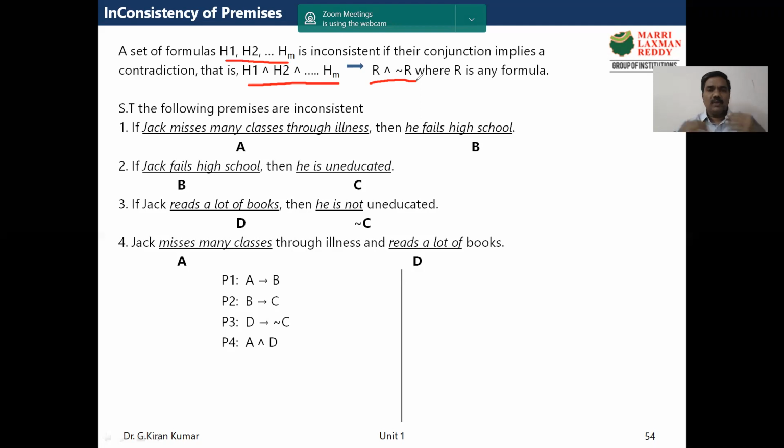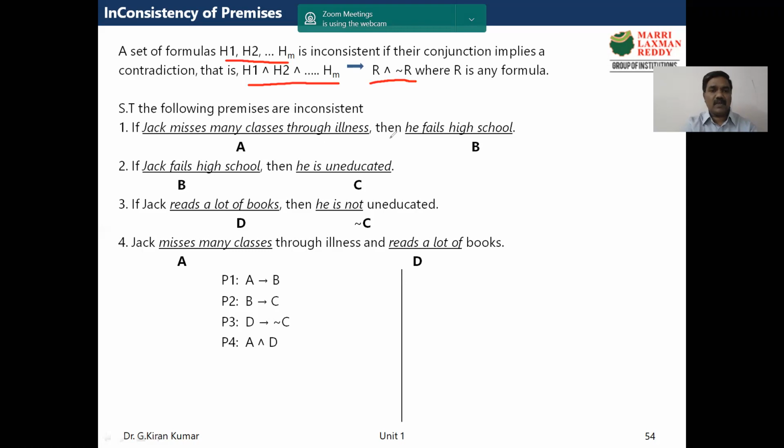So when I say the given set of premises are inconsistent, I mean I can derive any one contradiction statement from the given premises. Now let us take an example. Here I have given a set of English statements. Statement one is, if Jock misses many classes through illness, then he fails high school.